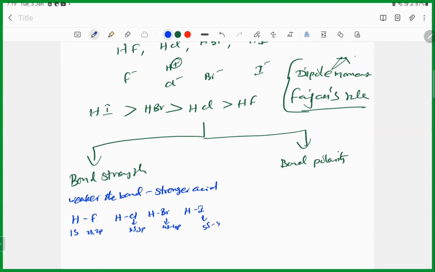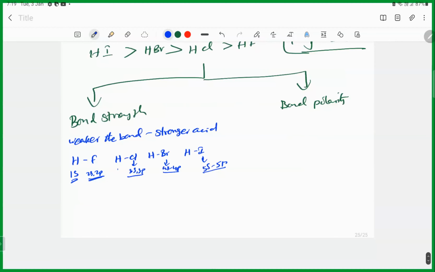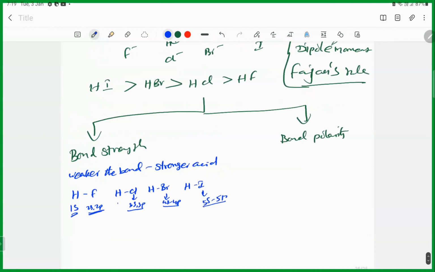So the 1s orbital overlaps with the 2s 2p orbital. This 1s orbital overlaps with 3s, 4s 4p, 5s 5p. The overlap will be more for fluorine because it has the smaller size. So when it overlaps, the overlap will be effective, so the bond will be strong when compared to hydrogen iodide.